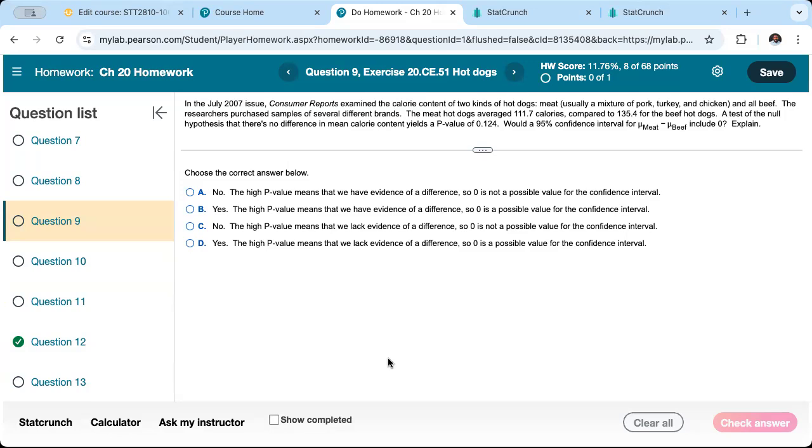I want you to read question 9 and tell me what you think is the right answer.